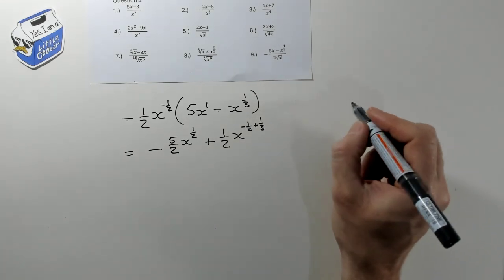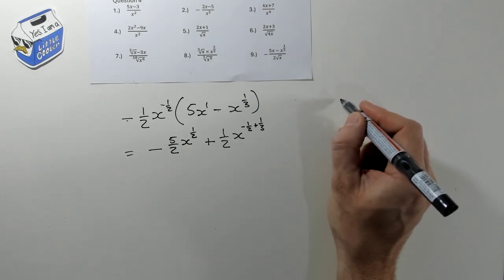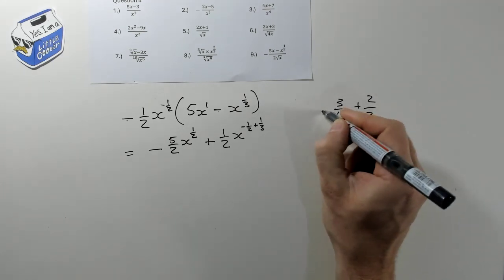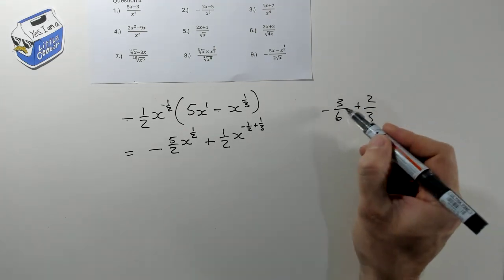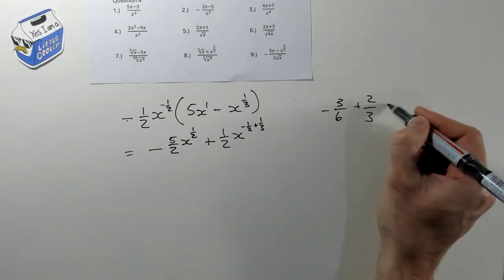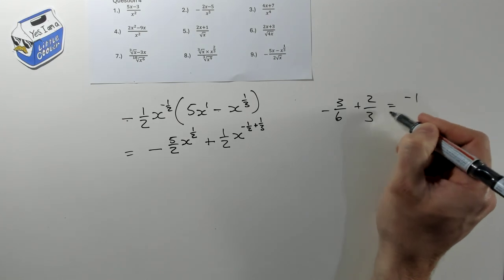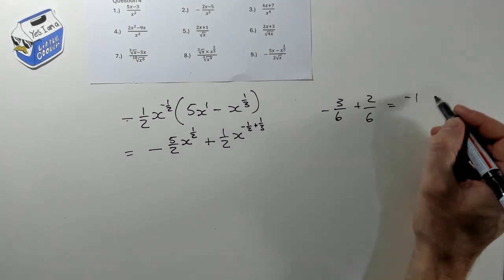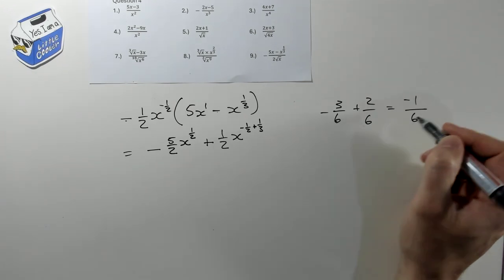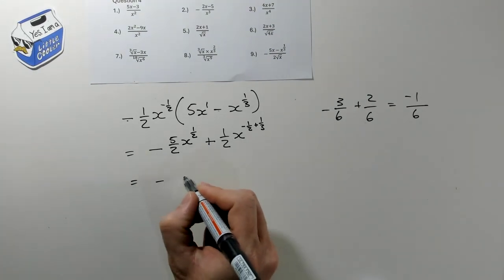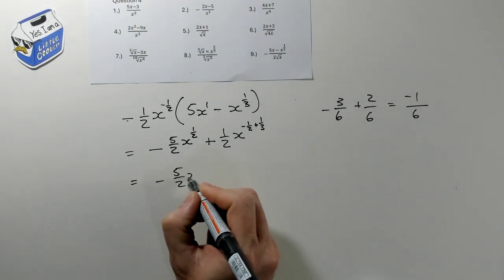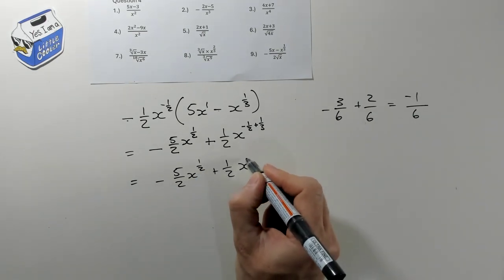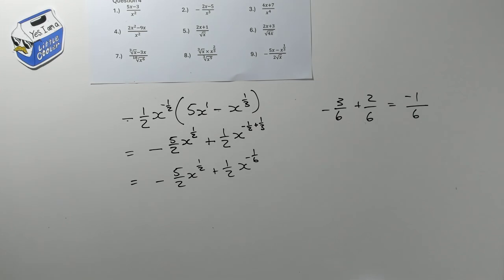So can't really do that, but if we take it to 6, it's going to be 3 over 6 plus 2 over 6. Well, this is minus a half, so minus 3 plus 2. Last time I checked, that was minus 1. Okay, this should be a 6. 1 over 6 is... yeah, that would be it. So the final answer would be minus 5 over 2 x to the power of a half plus a half x to the power of negative a sixth.